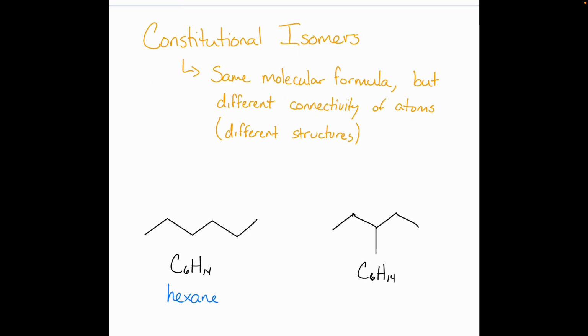Anybody got it? 3-methyl pentane. All right, so we got two distinct molecules. We name them completely different, right? But they share that same molecular formula. They share the same number of carbons and the same number of hydrogens. So this would be a pair of constitutional isomers.